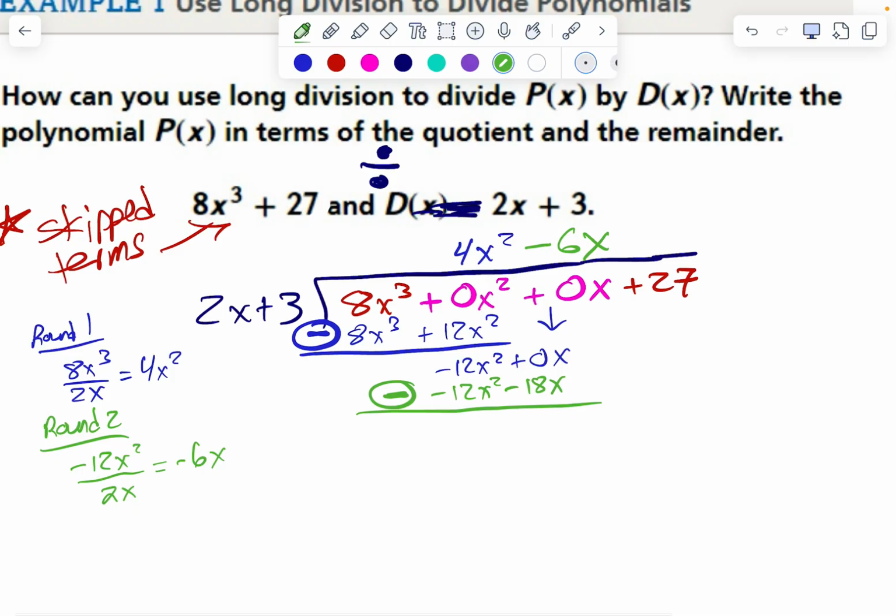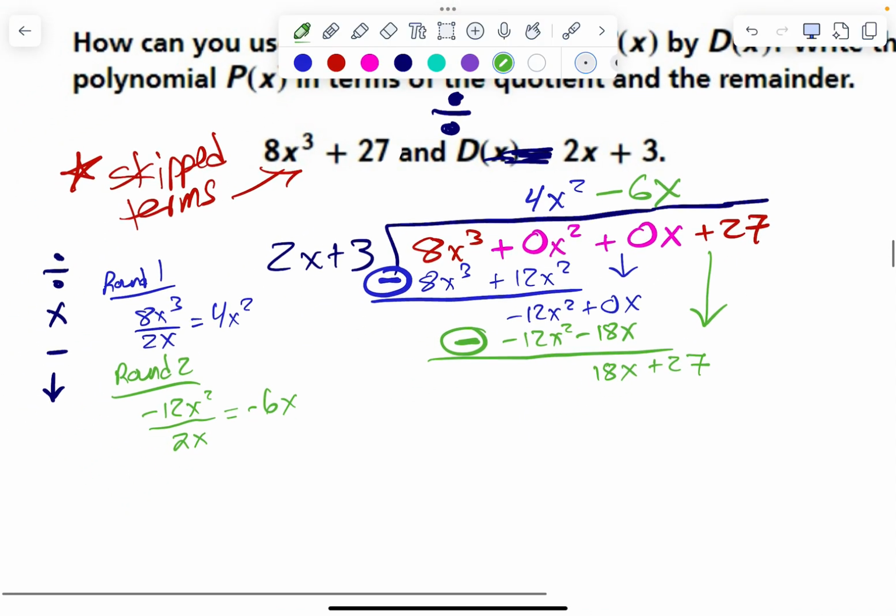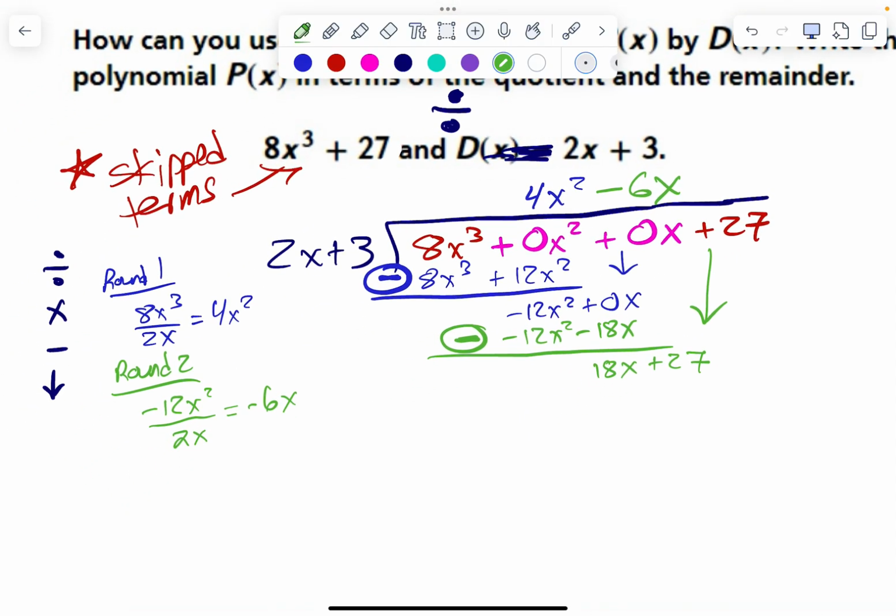Negative 12 minus negative 12 is 0. 0 minus negative 18, positive 18. So be careful with those negatives. Okay, and then we bring down 27. Round 2 is complete.